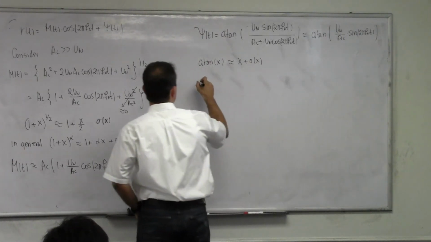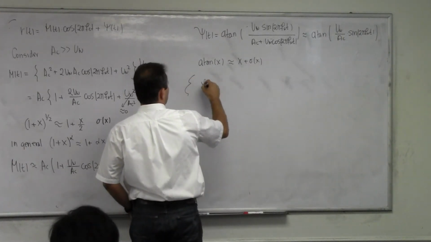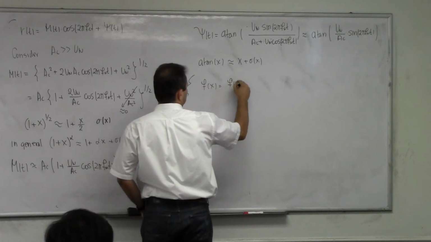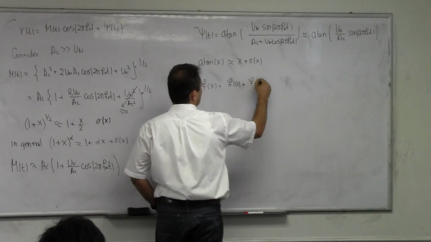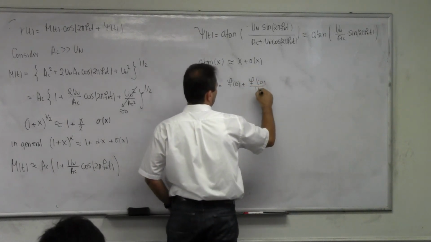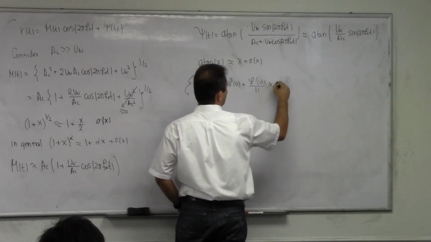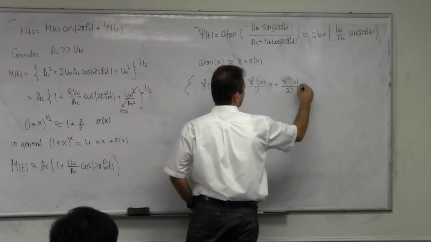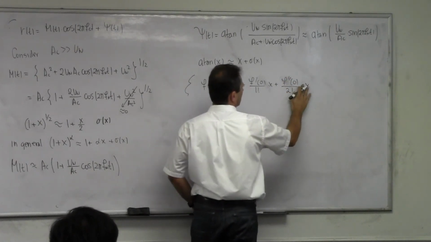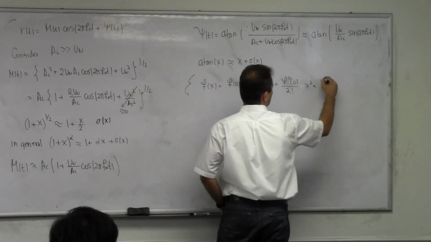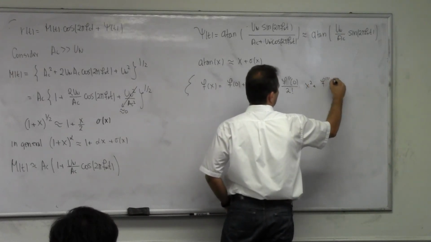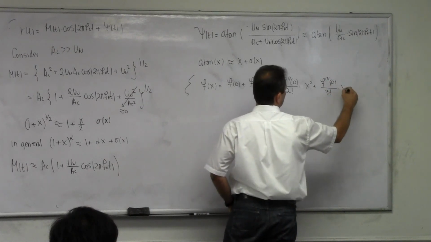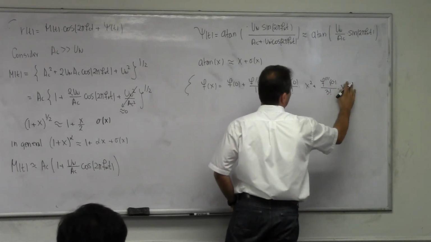Remember, this is the story, right? f(x) is equal to f(0) plus f prime of 0 over 1 factorial times x plus f double prime at 0 over 2 factorial times x squared plus f triple prime of 0 over 3 factorial times x cubed and so on.